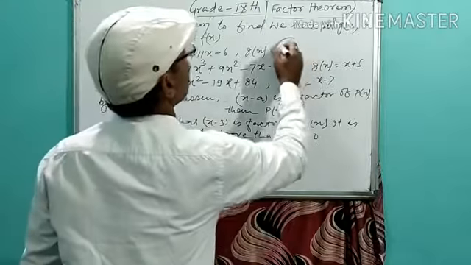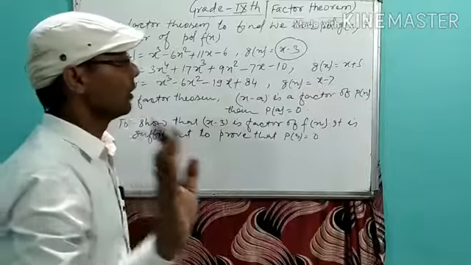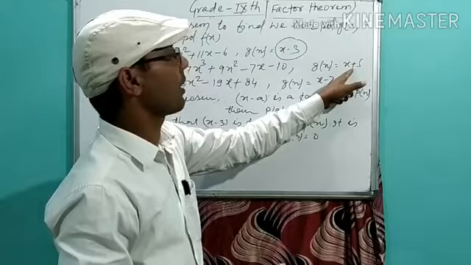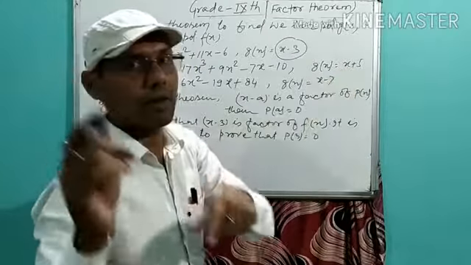Here it is x minus 3, so you have to take positive 3. If here is x minus 7, you will take plus 7. If here is x plus 5, you will take minus 5. Okay?